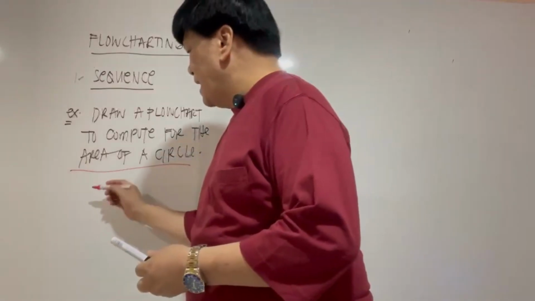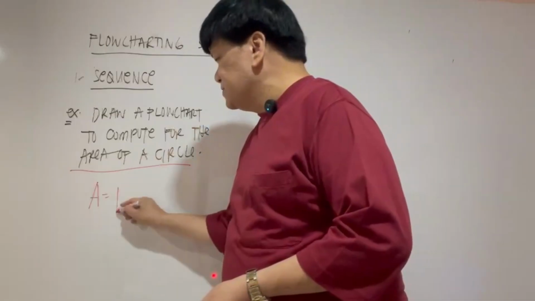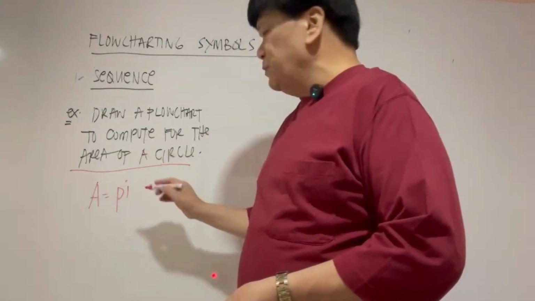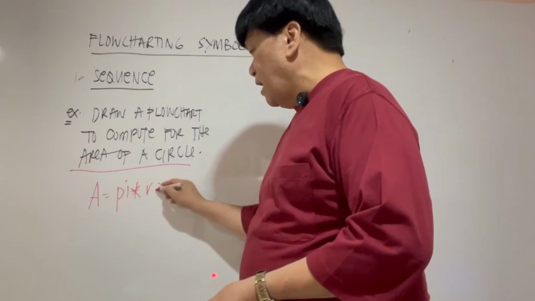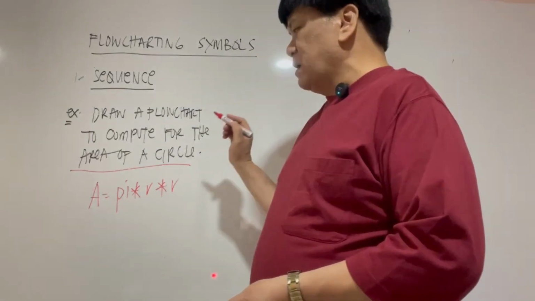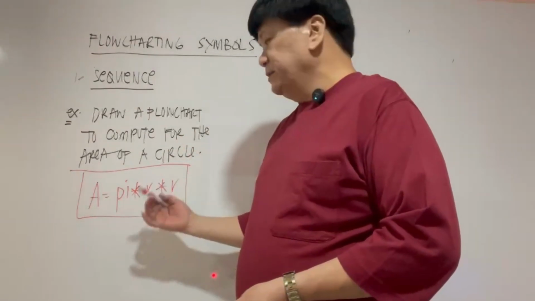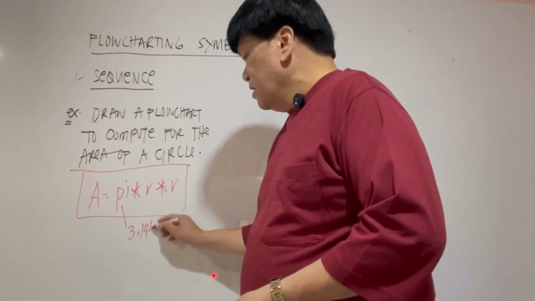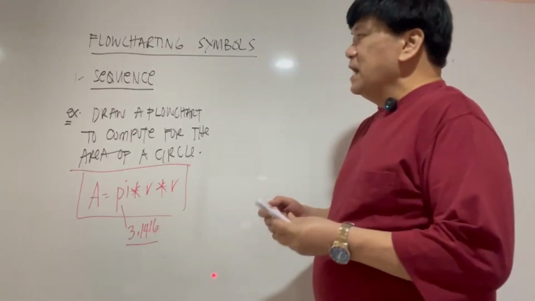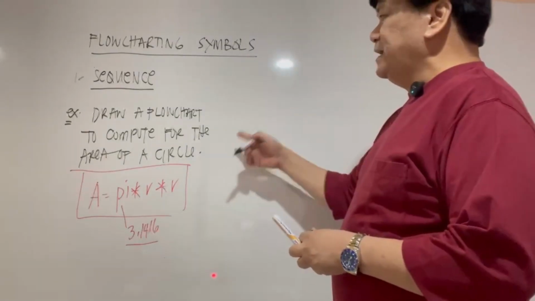For area, we have A. For pi, we'll use PI. For the radius, we'll use r, so pi times r times r. We'll be using this formula later on, where PI will have the value 3.1416.